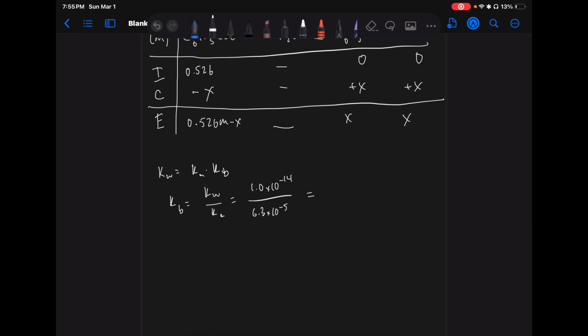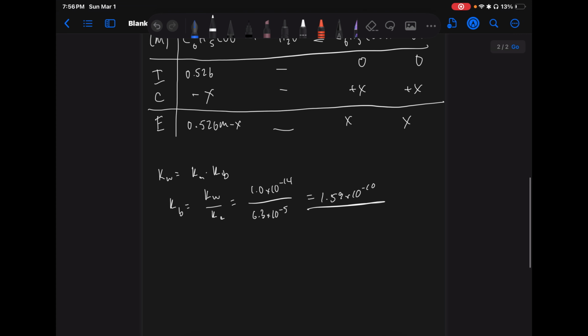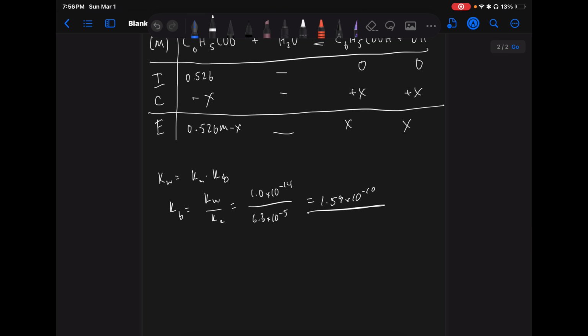You get a value of 1.59 times 10 to the negative 10. Nice, so we got the Kb value.